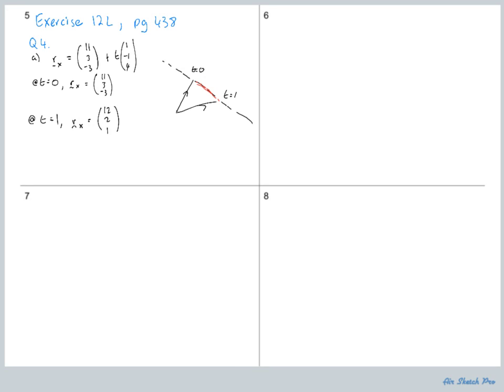Now, I just wanted to point out for those of you who just love formulas that on page 418, there is a distance formula between two vectors that are diverging from an origin. The distance formula is distance equals the square root of (x2 minus x1) squared plus (y2 minus y1) squared plus (z2 minus z1) squared.